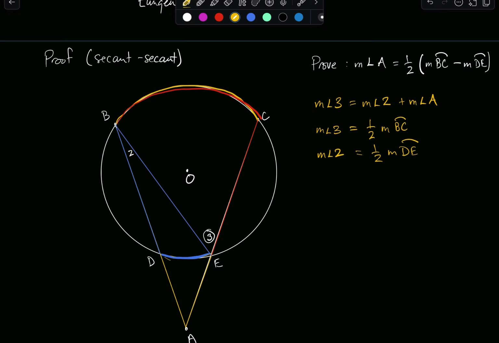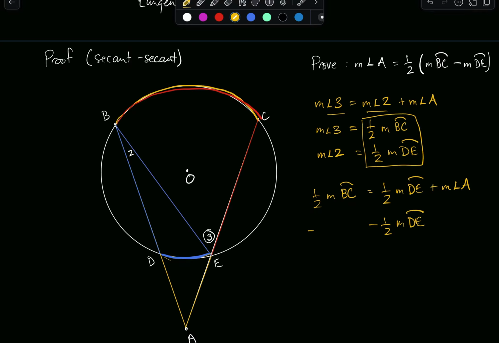So now I'm going to replace these two things with these two things. So I'm going to say that 1/2 the measure of BC is equal to 1/2 the measure of DE plus the measure of angle A. Then I'm going to subtract the 1/2 measure of DE from both sides.